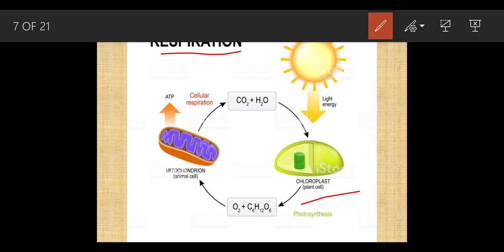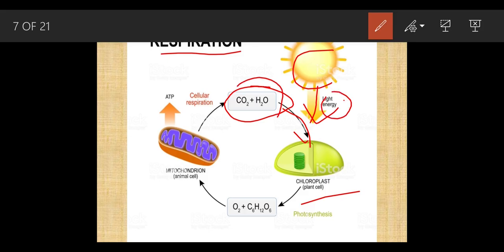The carbon dioxide and water present in the atmosphere have been absorbed by this chloroplast. Light energy also got absorbed, and there is a pigment, the chlorophyll. With the help of the sunlight, carbon dioxide and water, this plant cell is going to form oxygen and glucose. This was all about the photosynthesis reaction.